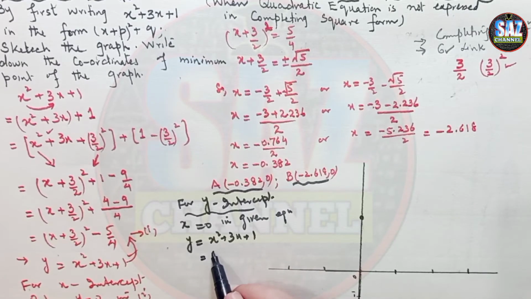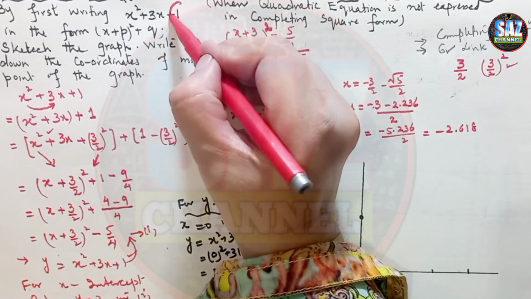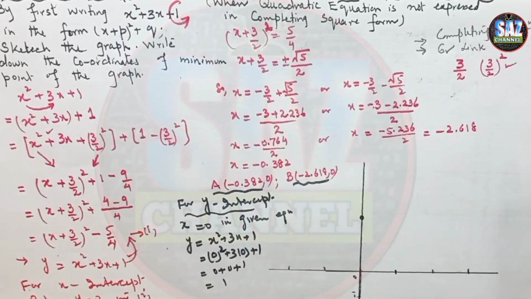When I make x 0, this is 0 square plus 3 times 0 plus 1. This is 0 plus 1, which is equal to 1, and we can see from the given equation as well that the y-intercept is 1. Okay, develop the observational skill as well.